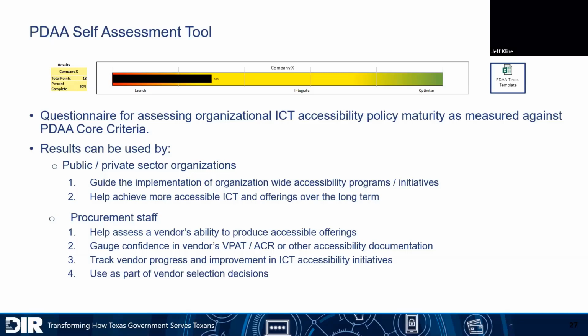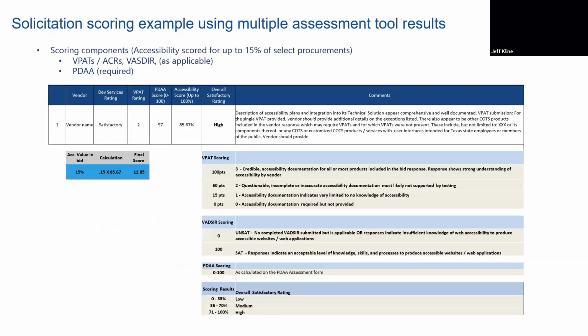So if they're submitting to bids multiple times a year or every 2 years, and they complete this form, we would expect to see higher levels of maturity. And if they stay flat at 0 and say, yeah, we're not interested in the policy, at some point we may decide not to do business with them anymore because it carries with it too much risk.